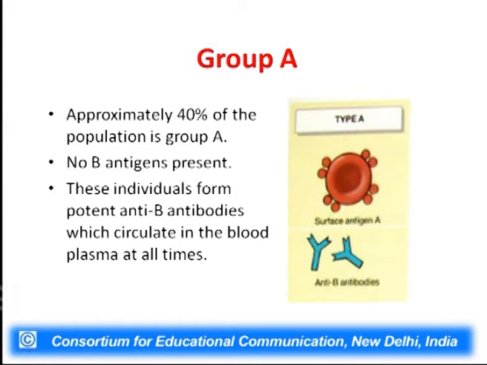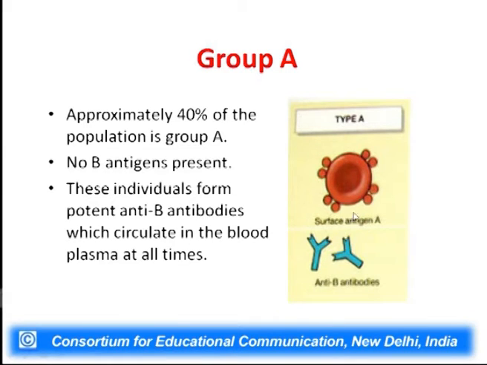When I say group A, that means 40% of the population has group A. There will be no B antigens present. Again, I repeat, all the antigens are present on the surface of the RBC, and these are polysaccharide in nature.